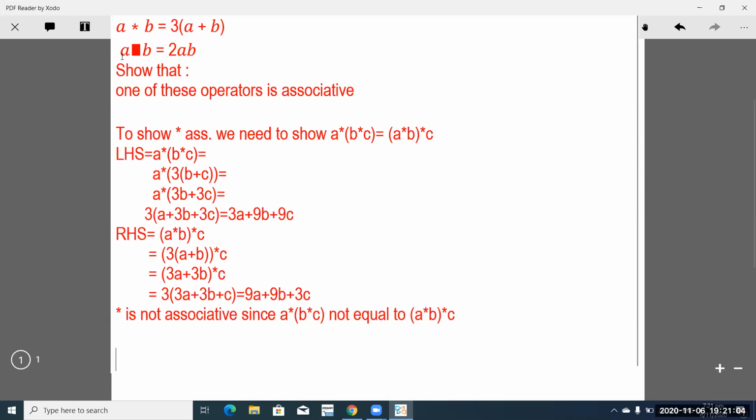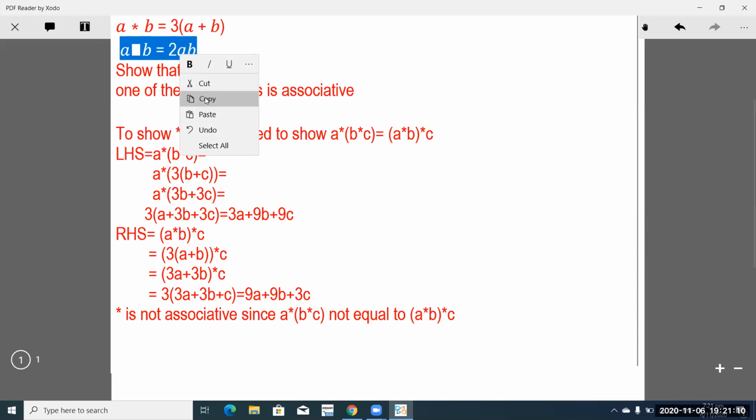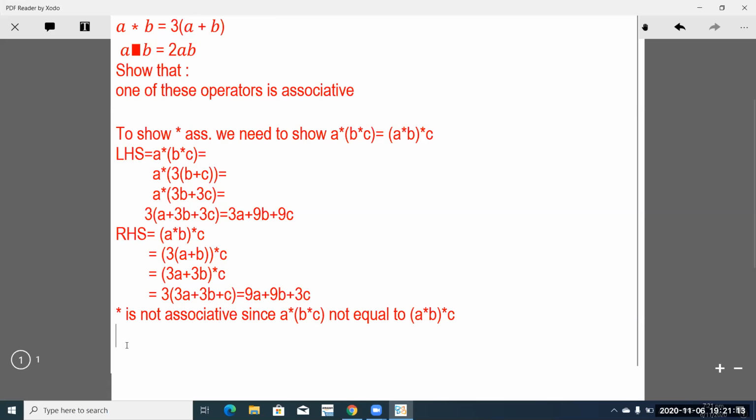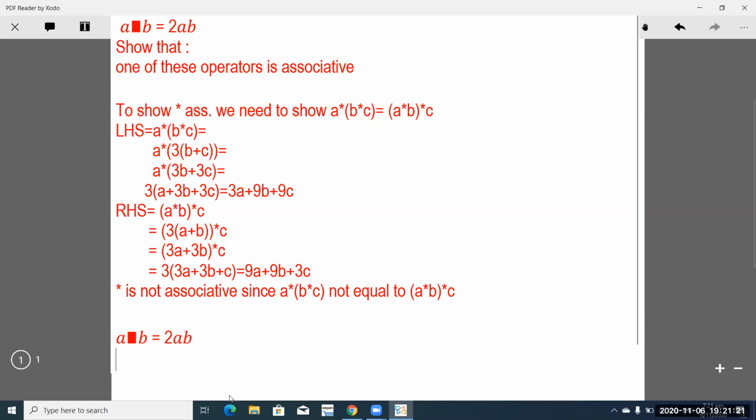Now the one with the box is that we have A box B is equal to 2A times B, so A box B is equal to 2AB. So let's try to find out if box is associative.